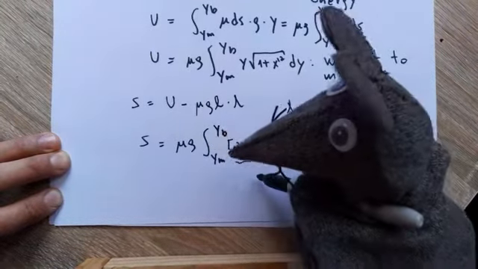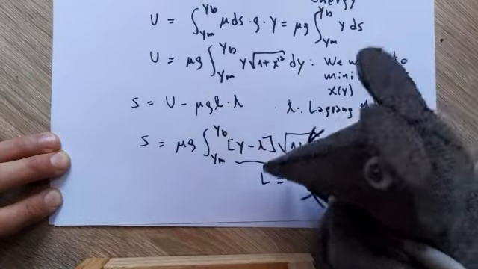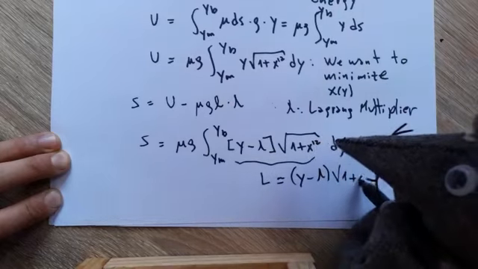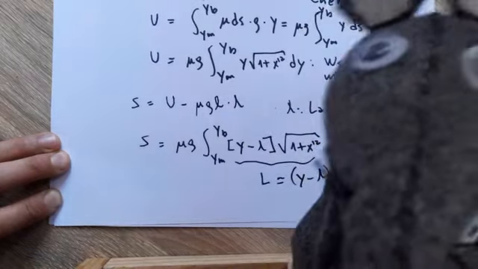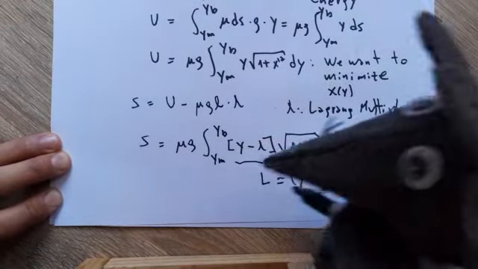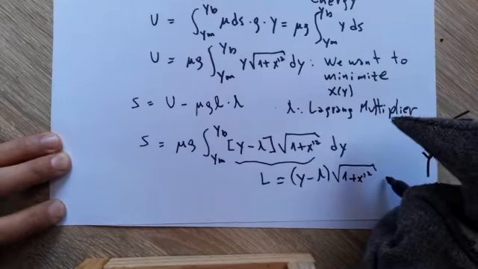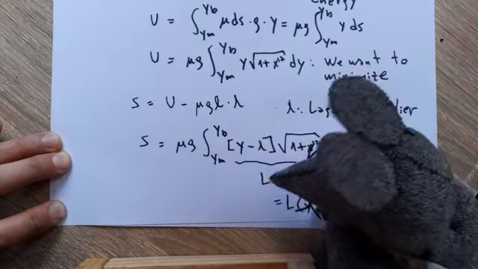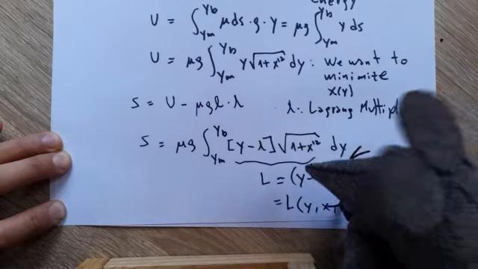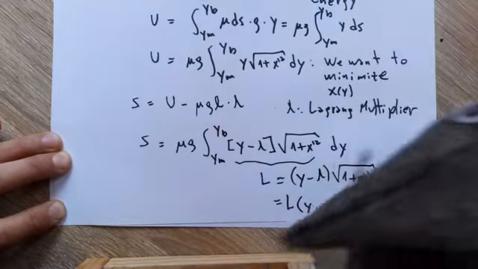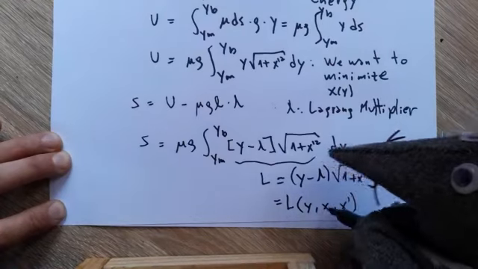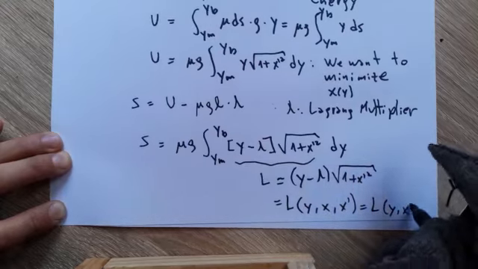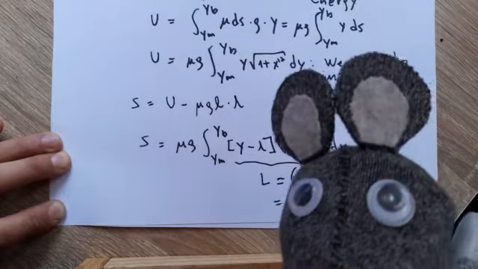The Lagrangian is a function of y, x, and x prime, but here we see that x does not appear explicitly, so it's just L of y and x prime.